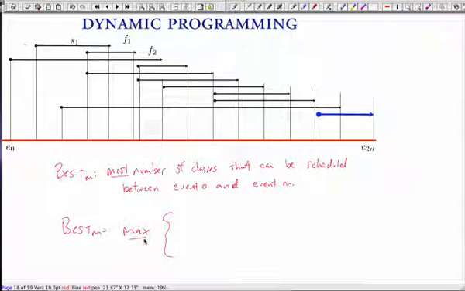Spend 2 minutes with your neighbor trying to figure out how the DP solution here works.